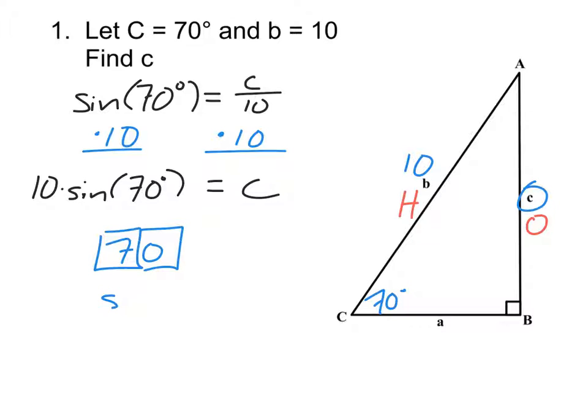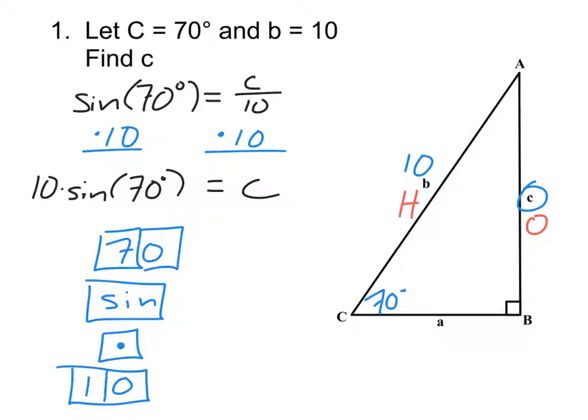Then you'd press the sine button, so that it's then telling you what the sine of 70 is. And then you would say times 10. And if you type that in on a scientific calculator, that should give you the same thing.